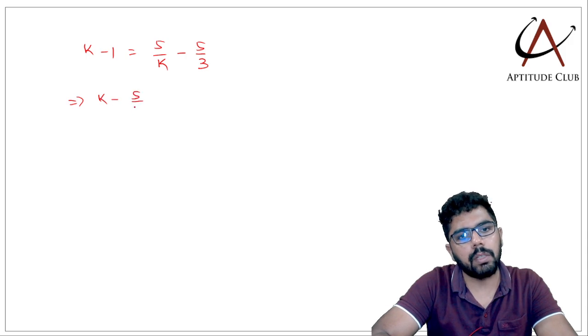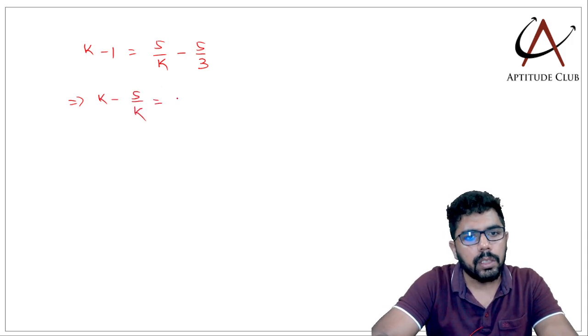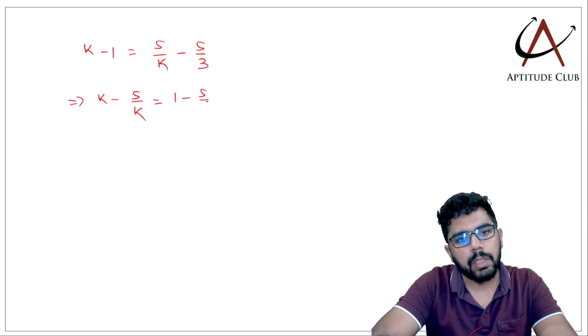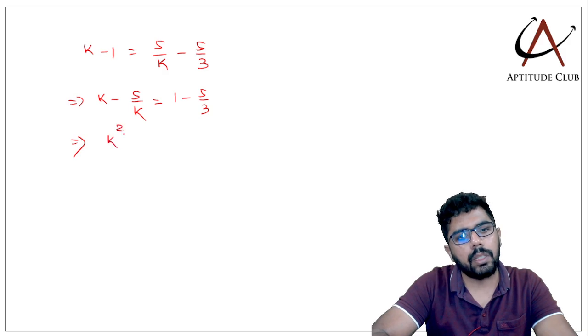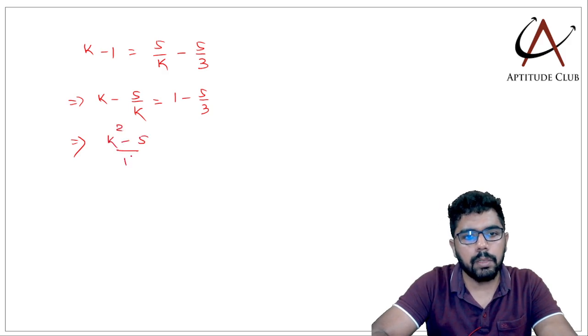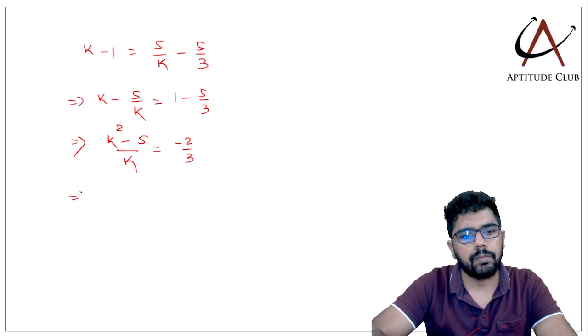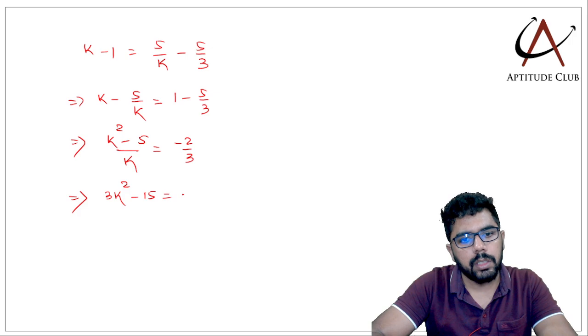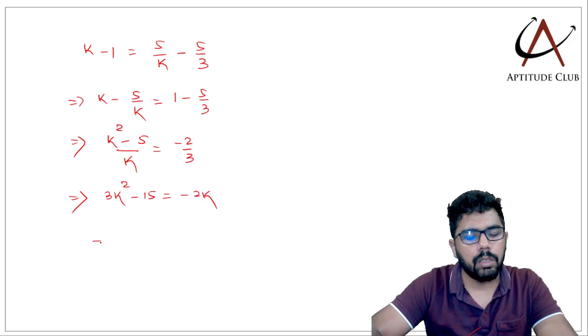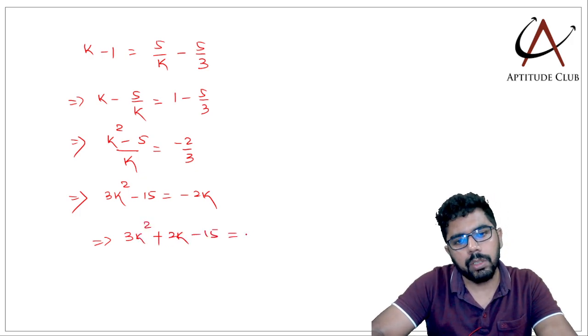So k minus 5 by k is like 1 minus 5 by 3. So I get k square minus 5 divided by k, this is minus 2 by 3, or I get 3k square minus 15 is equal to minus 2k, or I get 3k square plus 2k minus 15 is equal to 0.